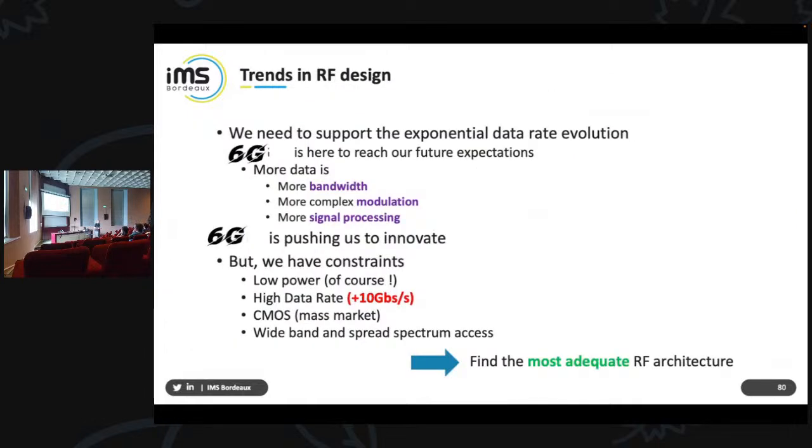Yes, so CMOS. CMOS is mass market because it's cheap. The cost of 1 millimeter square of CMOS type is 10,000 euros so far. It's 10 times to 100 times cheaper than the technologies proposed by GaN, InP, whatever. So if you want to sell billions of circuits, it's quite mandatory to go through CMOS.